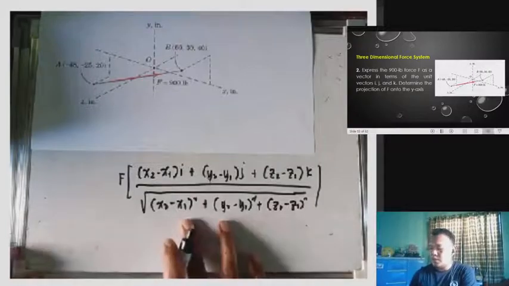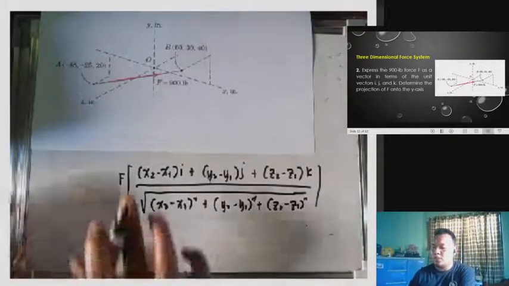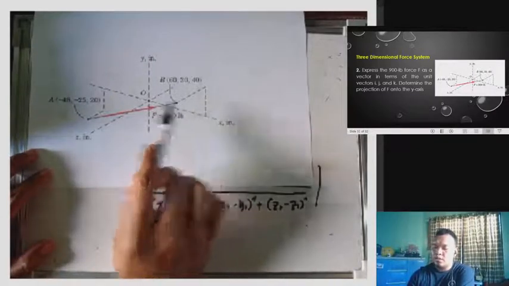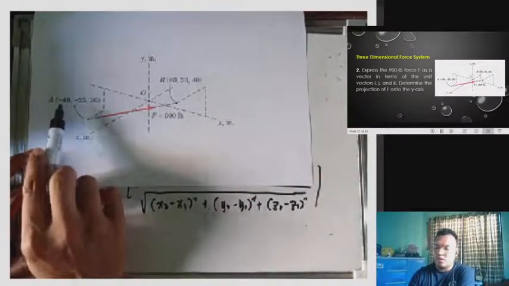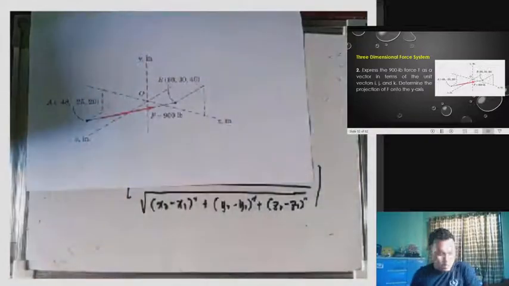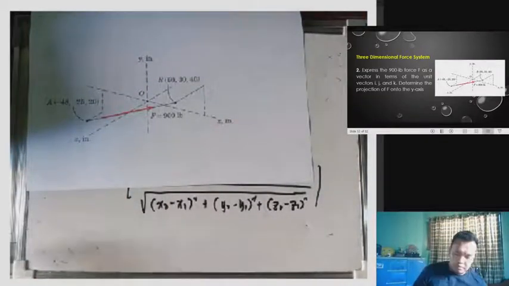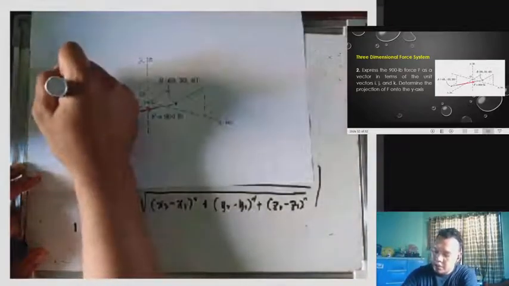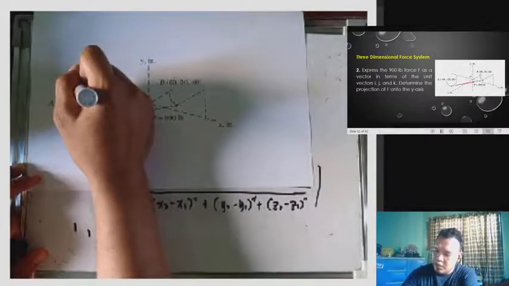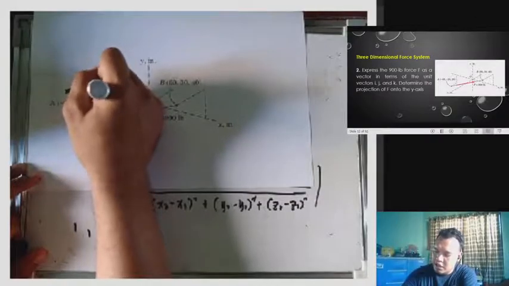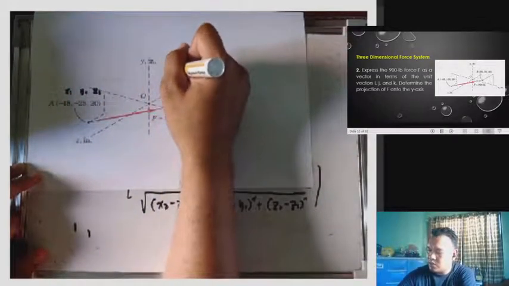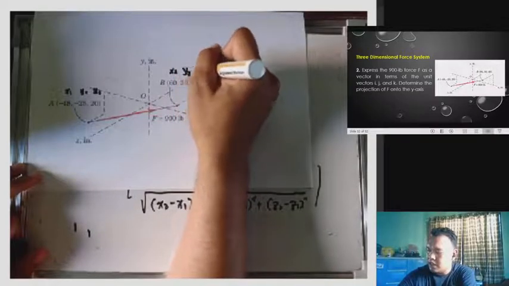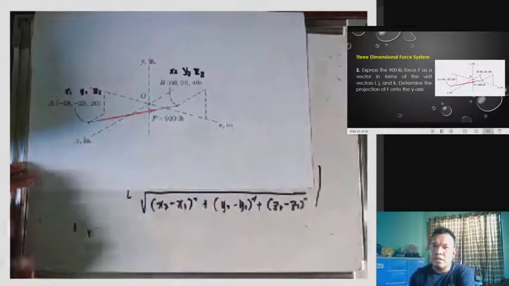Okay, this is from point to point. In the given problem, we have point to point. So let's say this is x1, y1, and z1, and x2, y2, and z2. Okay?